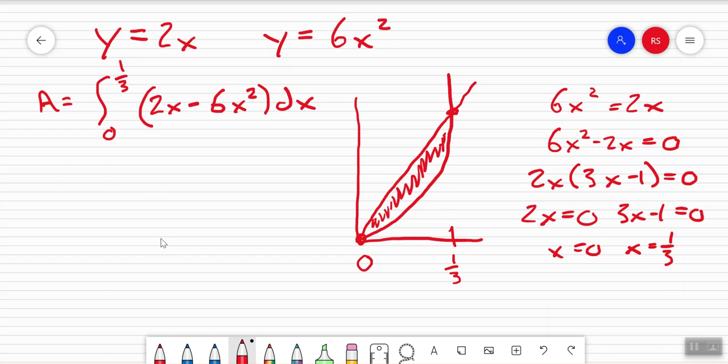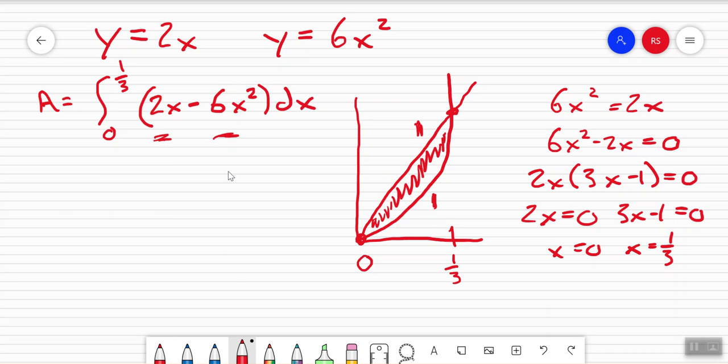Half the battle with doing any type of integration application, including area between two curves, is setting up your initial integration problem correctly. When I grade exams, the first thing that I look for is, did the student set up the integration problem correctly? And so this is what I would be looking for. Are the bounds of integration correct? Do you have the top function above the one on the bottom? So do we have that? Yes, we do. We have 2x minus 6x squared.